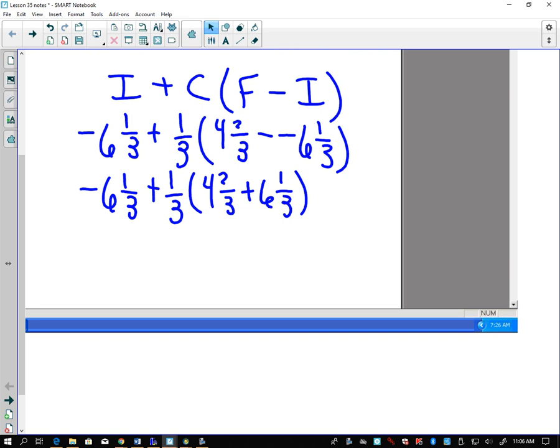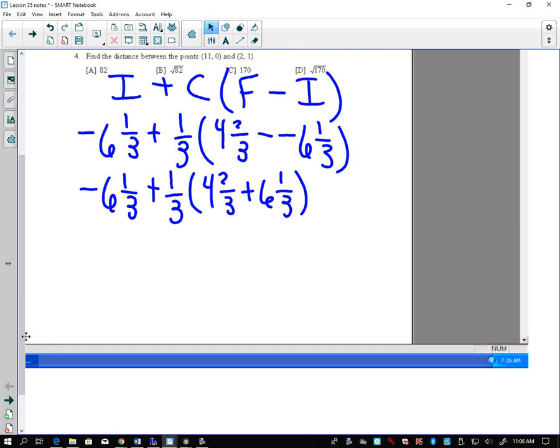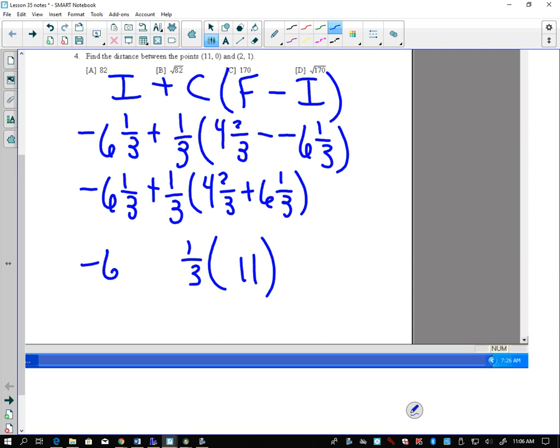We're adding nice, neat numbers. 2/3 plus 1/3 is 1. 1 plus 10 is 11. All right, so I don't know what I did there. Okay, sorry. All right. It would be 11/3. So we've got negative 6 1/3 plus 11/3.